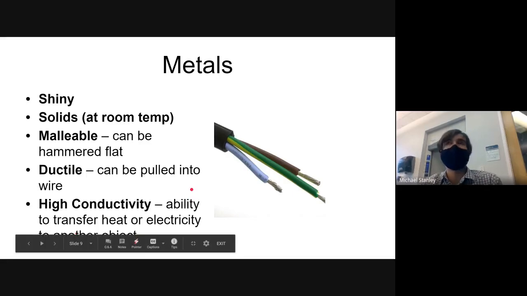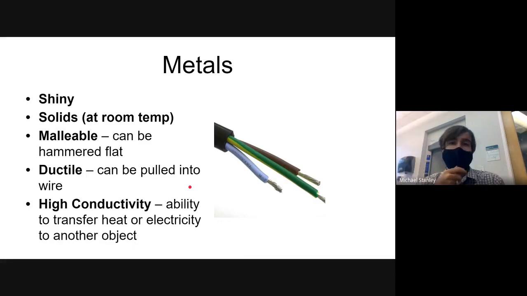I have a 1.5-year-old, and we have to put the little covers over all of the outlets because we don't want her accidentally sticking something in there. If she managed to get one of her rubber or plastic spoons and stuck it in there, nothing would happen, because rubber and plastic are very bad conductors. They don't move that electricity very well. But metal does.